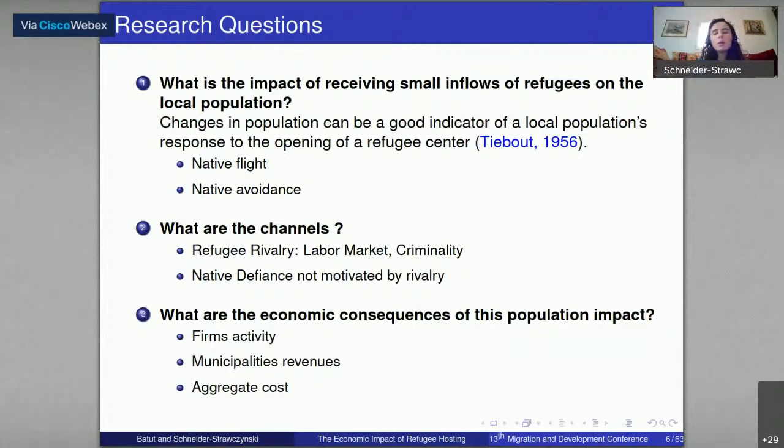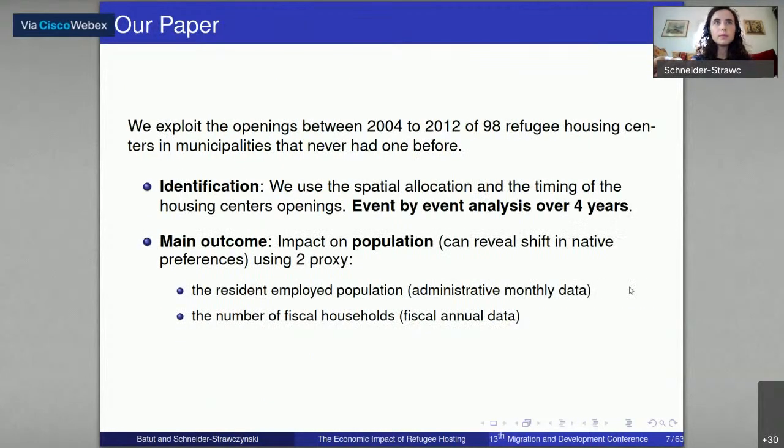And finally, we will look at the economic consequences of this population change, in terms of firm activities and municipality revenues, and we will try to estimate in a model the aggregate cost to society of this change in population.